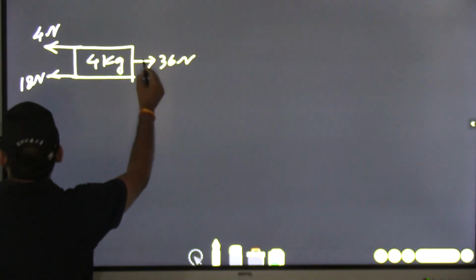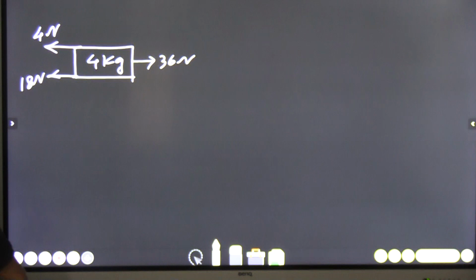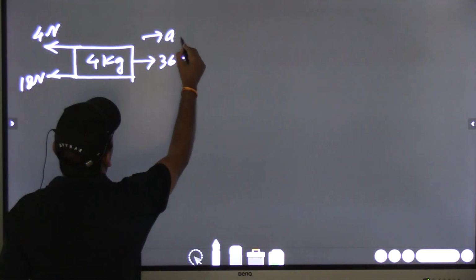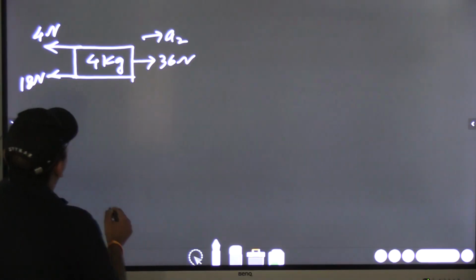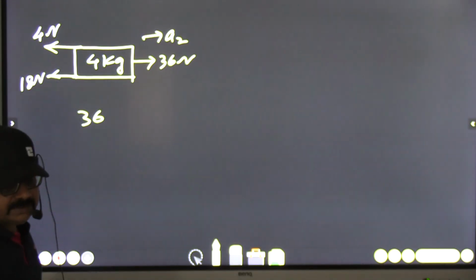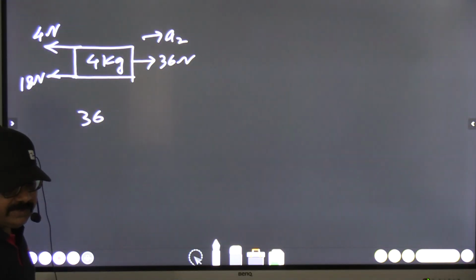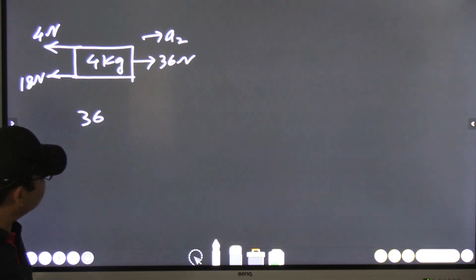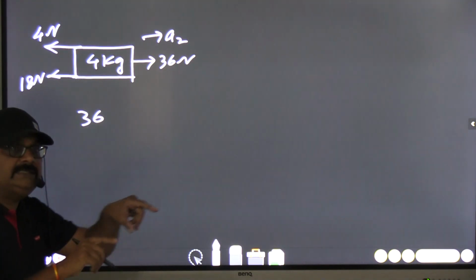Now the acceleration is a2. Now what? 36 is the force along the direction of the acceleration. I always say while writing the net force, we must choose the force along the acceleration as positive.